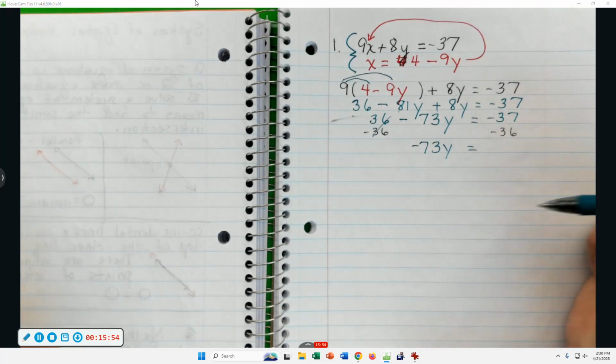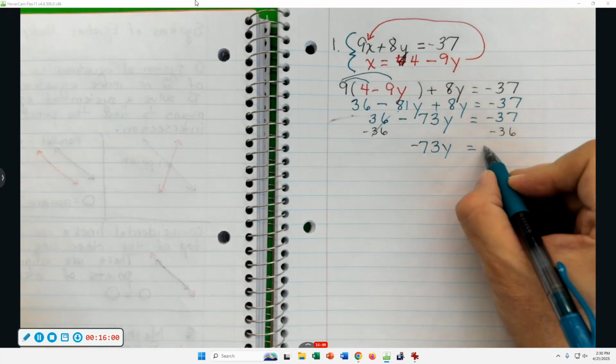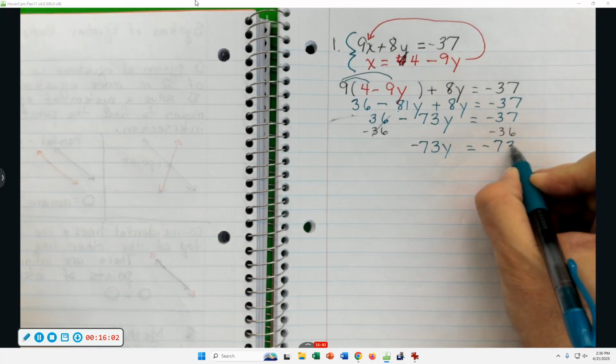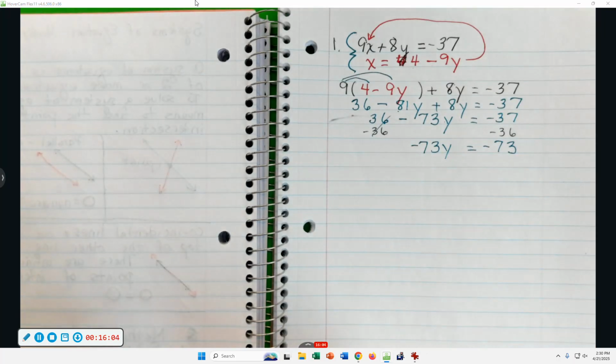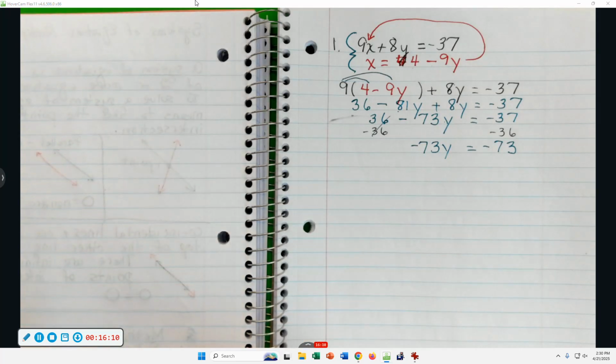And what are we getting on the right? Negative 37 minus 36. Is that another negative 73? I think this one's rigged nicely so you don't get fractions. Okay? Now what's the only thing I need to do to get the y by itself and have y equal a number?